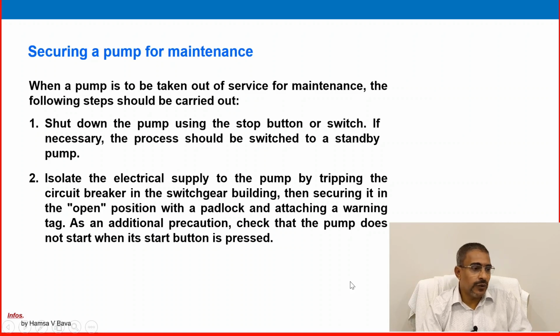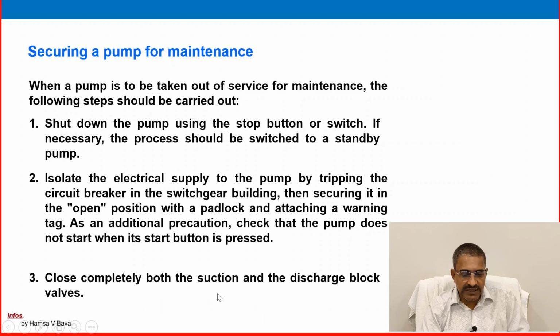You have to read the electrical safety procedure available in your plant, so that it gives a clear understanding of the electrical energy isolation and de-isolation procedure. As an additional precaution, check the pump does not start when the start button is pressed, so preventing accidental startup of the pump.